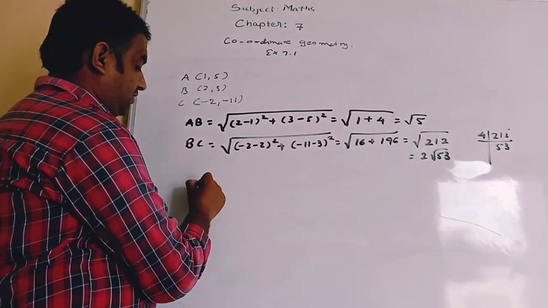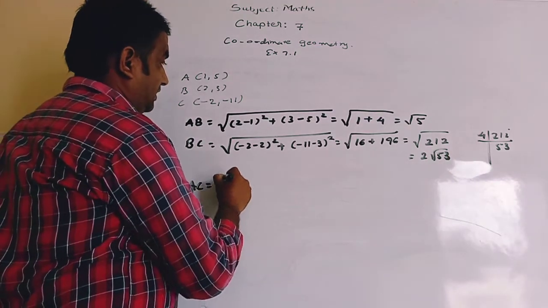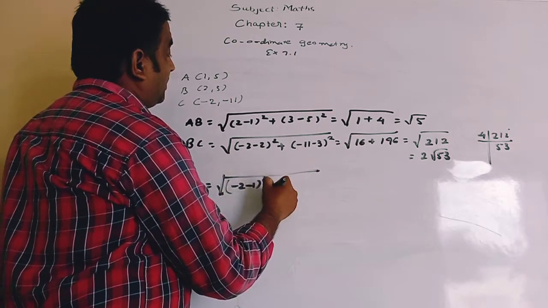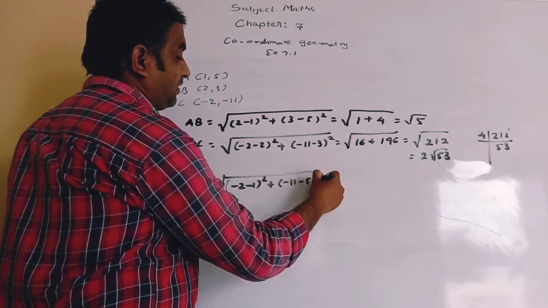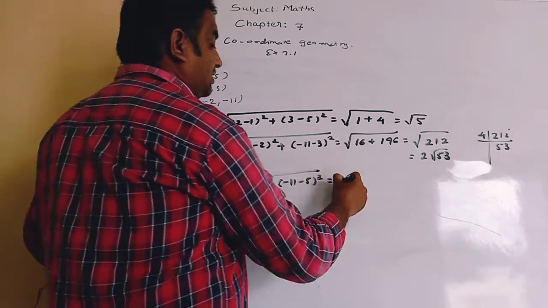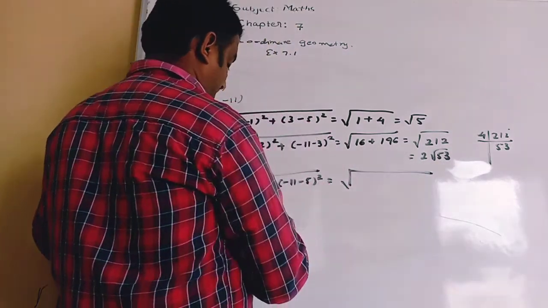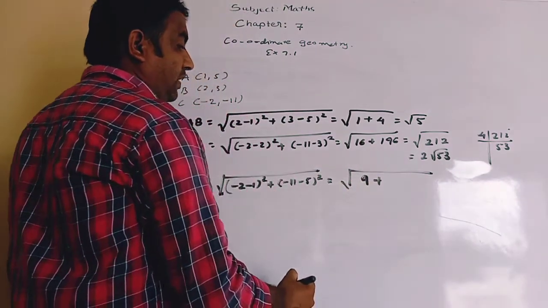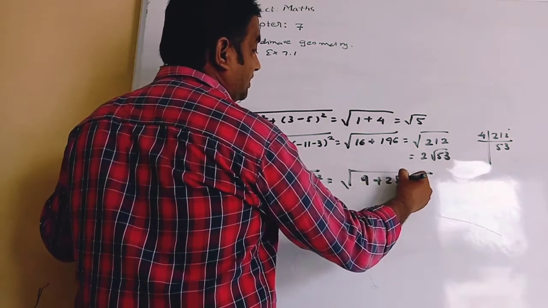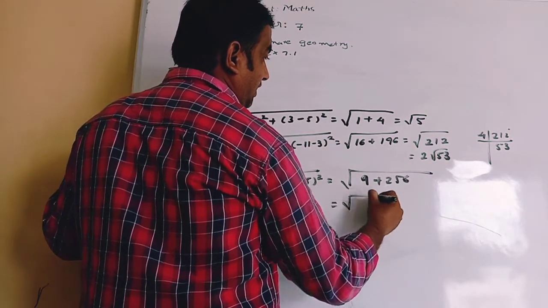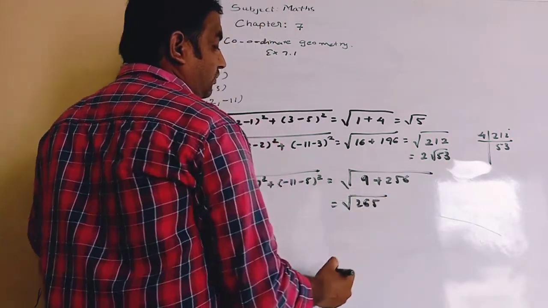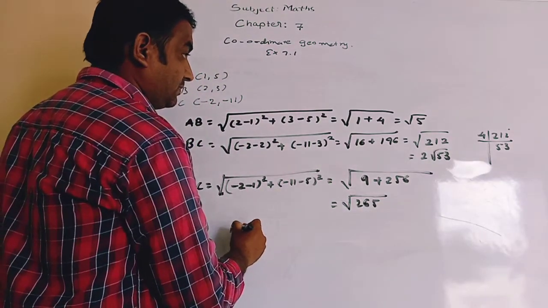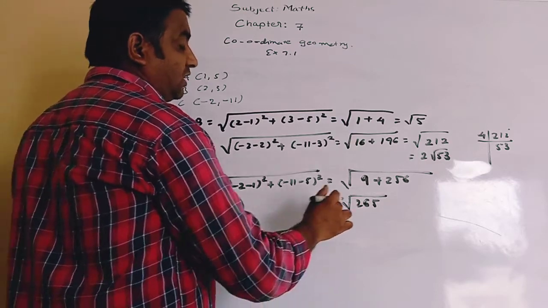And AC distance we find out, that is (minus 2 minus 1) square plus (minus 11 minus 5) square. So minus 2 minus 1 is minus 3, square is 9, and here minus 11 minus 5 is minus 16, square is 256, so it is root 265.